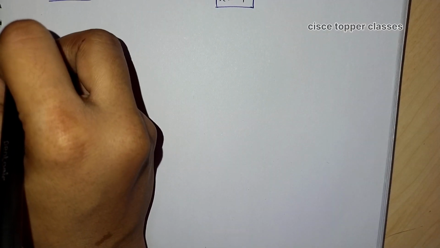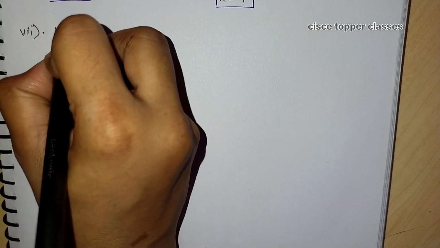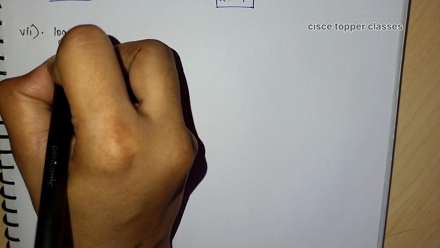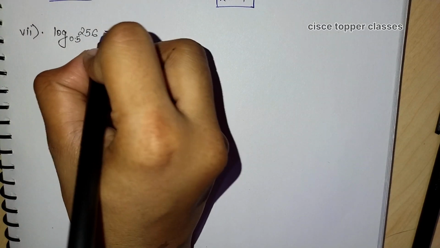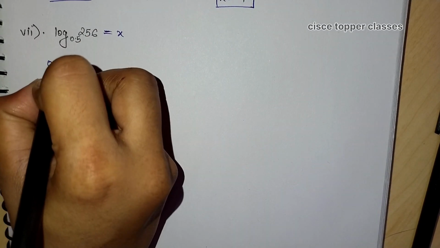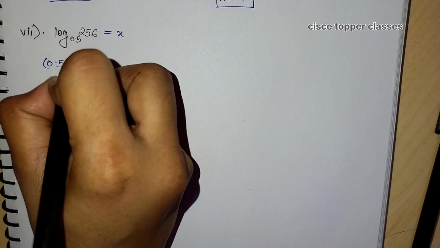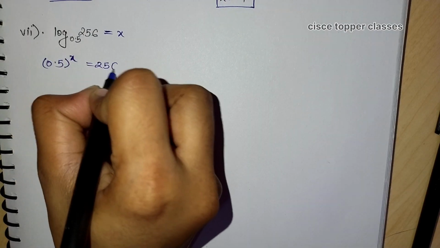Now let us solve the seventh question here, which is log of 256 with base 0.5, and here we will firstly put it as x, and 0.5 whole to the power x is equal to 256 from here.